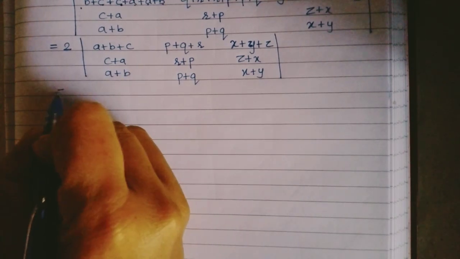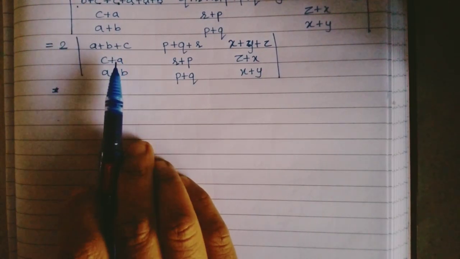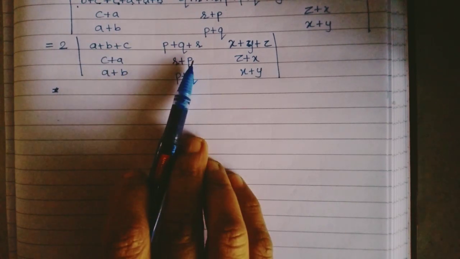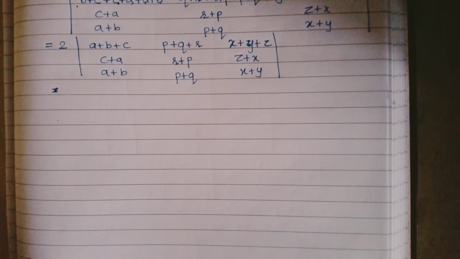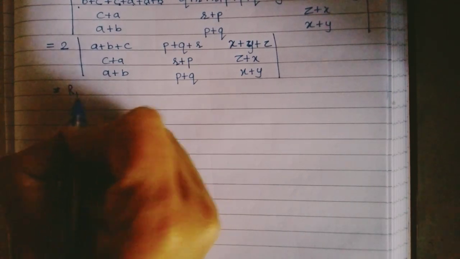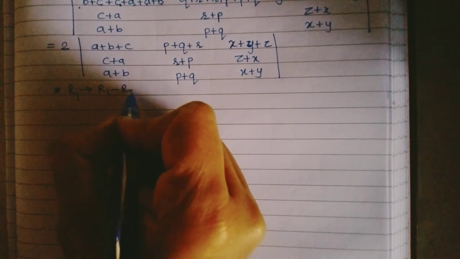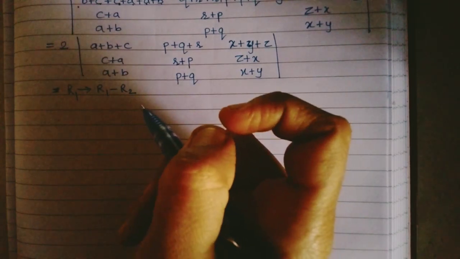So now you have to do some operations so that here we get A, P and X, right? So if you subtract, okay, R1 minus R2, R1 we are changing to R1 minus R2.